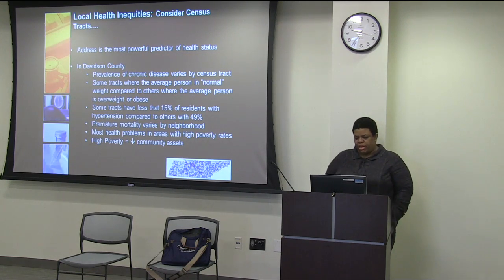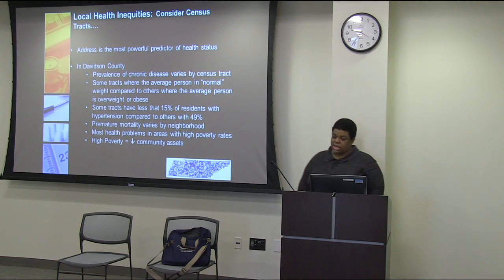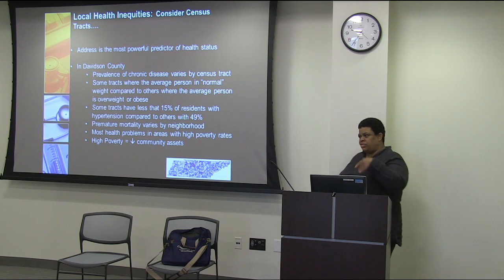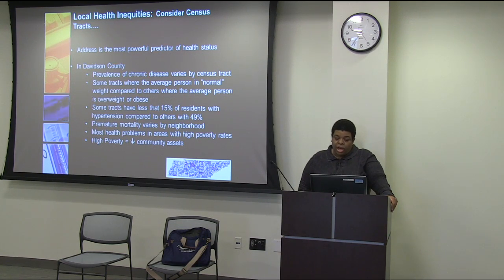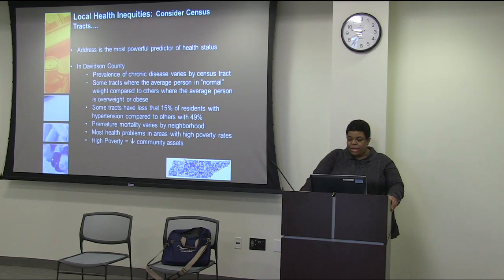So let's think about census tracts as it relates to the city of Nashville and where we are. Unfortunately or fortunately, depending on where you live, address is the most powerful predictor of health status. And in Davidson County, we have a prevalence of chronic disease that varies by census tract. Some tracts where the average person is normal weight compared to others where the average person is overweight or obese.